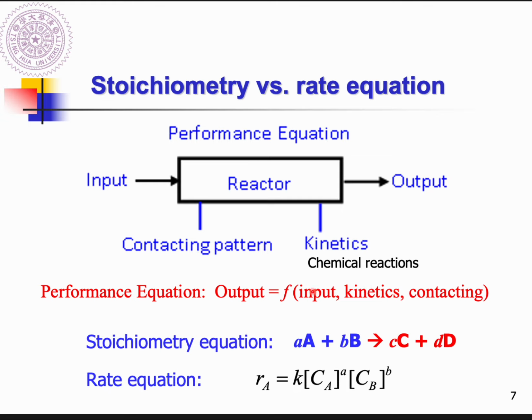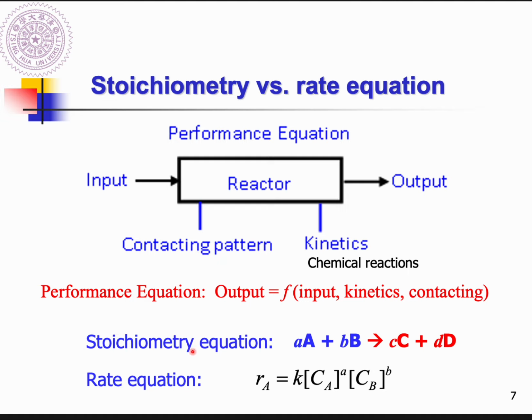Okay, so the other concept will be the stoichiometry equation. We take A reacts with B to generate products C and D as an example.